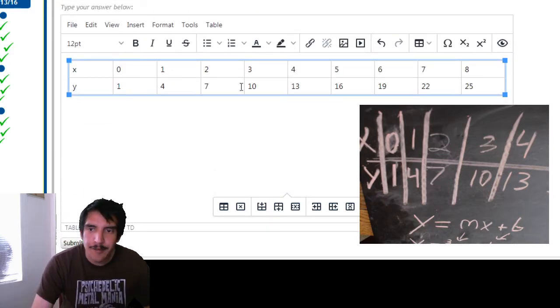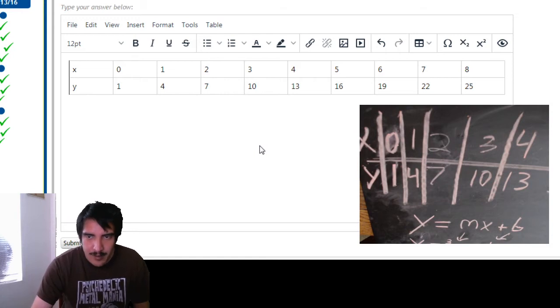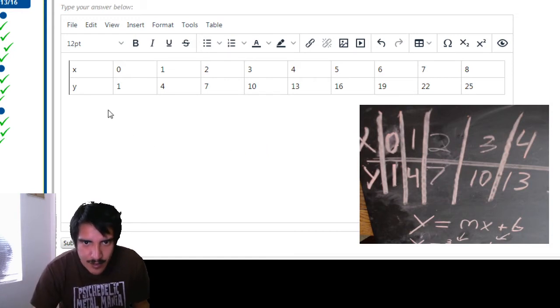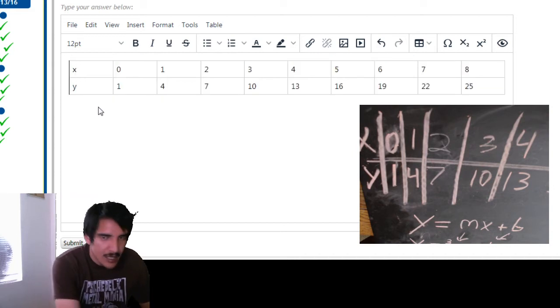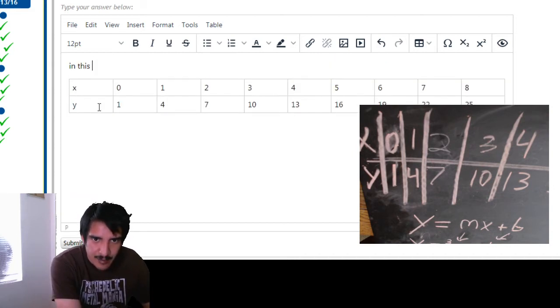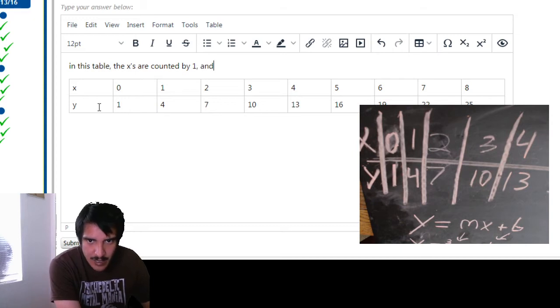And if you wanted to find out what some bigger numbers were, you would take the x input and put it into the formula. But if you just did this, you completed the table, that's fine with me, actually. And then I would say in this table, the x's are counted by ones, and the y's are counted by 3.